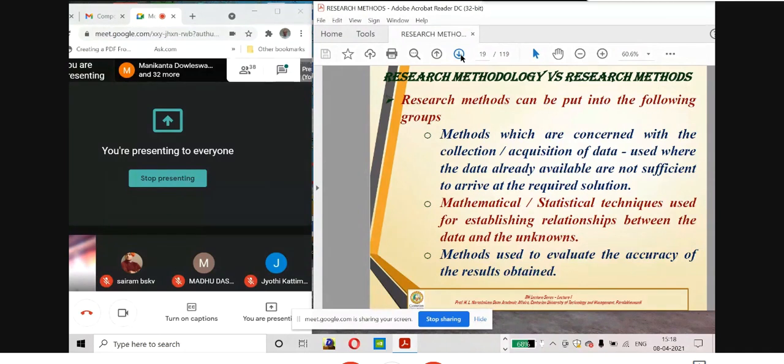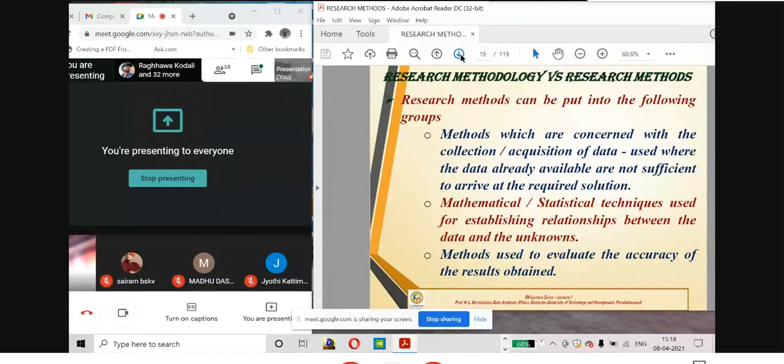Now there are two types of data here. One is called the primary data and the second is the secondary data. Primary data is that data which you collect by yourself. Secondary data is that data which is already available at some place and you approach that agency, organization or individual to support you with that data.